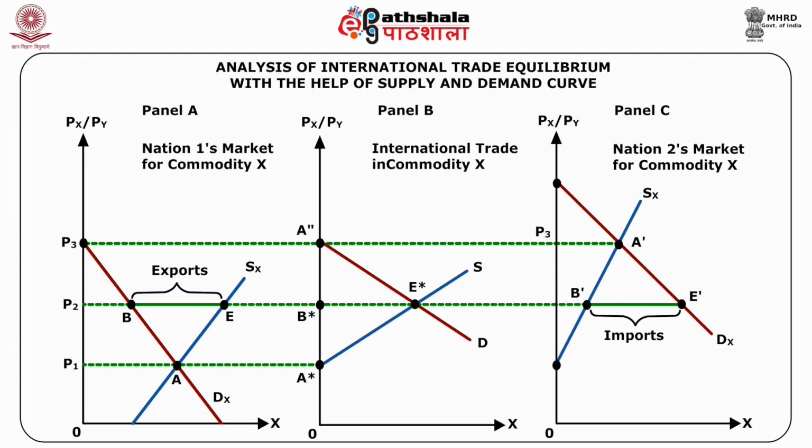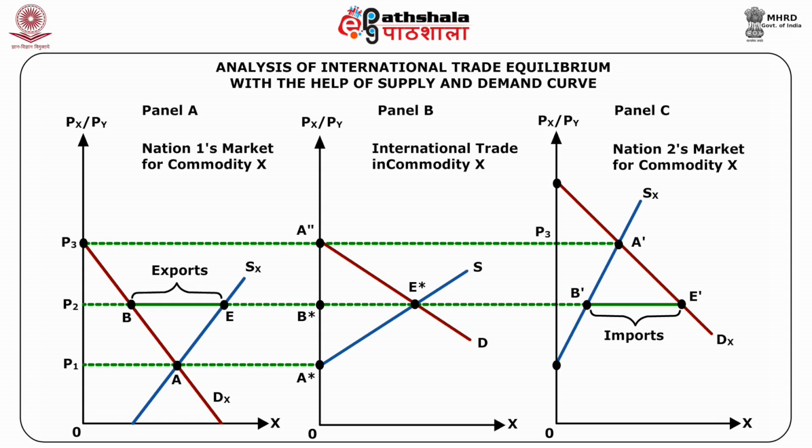Panel 3 shows the supply Sx and demand Dx of commodity X in nation 2 at the world equilibrium price of commodity X. Nation 1 has excess supply of commodity X (BE), whereas nation 2 has a shortage of commodity X (B dash E dash) at the world price.